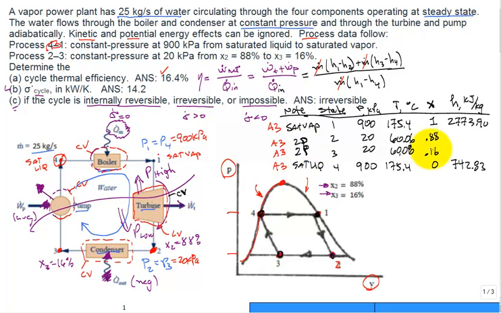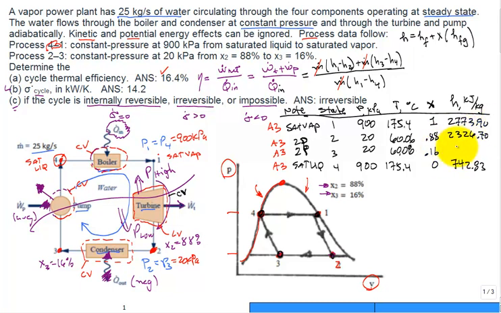Okay, so how do I get that enthalpy at state 2 and 3? Well, you just have the enthalpy is equal to hf plus the quality at whatever, 2 or 3, times hfg, or hg minus hf. We've done that again. You come back with 2326.7. I shouldn't say look them up, you have to calculate them.